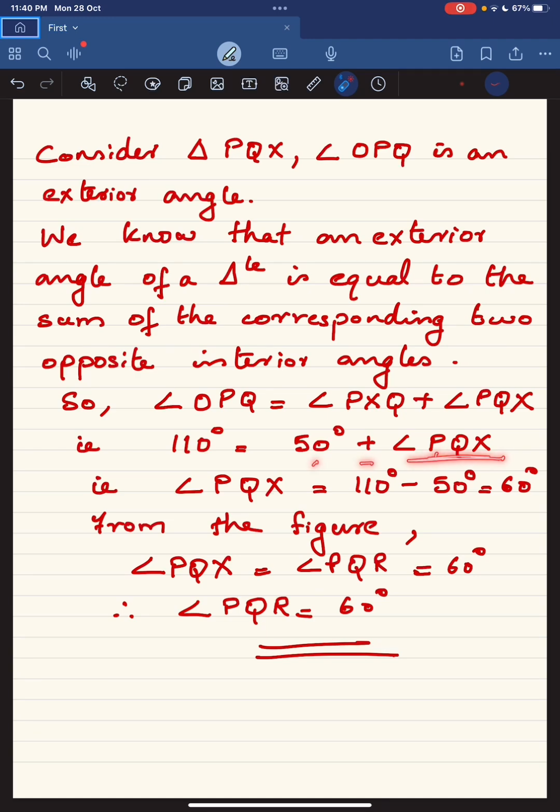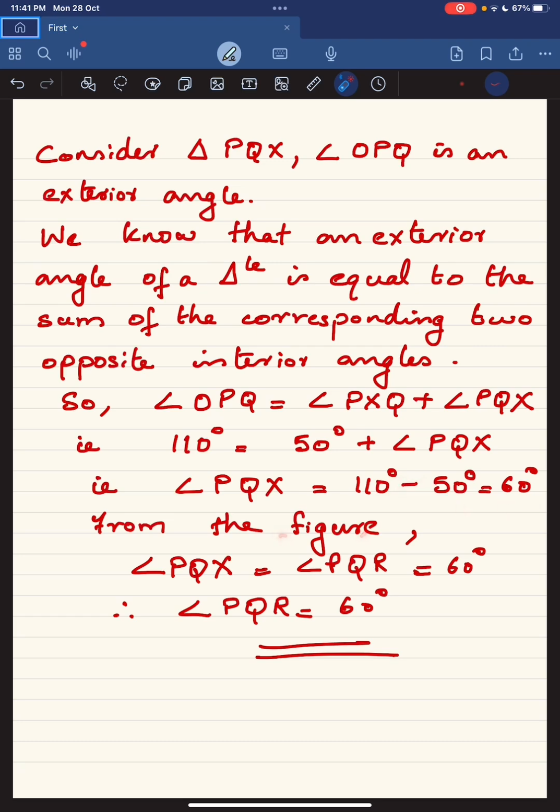So we will find angle PQX by transposing all other numbers to the other side. Angle PQX is equal to 110 degrees minus 50 degrees, since the sign changes when 50 goes to the other side, which is equal to 60 degrees.